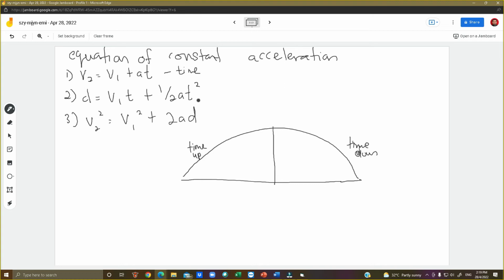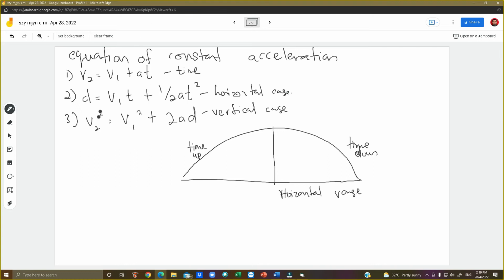As for the second equation, this one is more likely to serve the horizontal range. D is range. Okay, this D is range. While for the third one is for vertical case. Ini adalah equation yang kita selalu guna untuk solve problem dekat projectile.